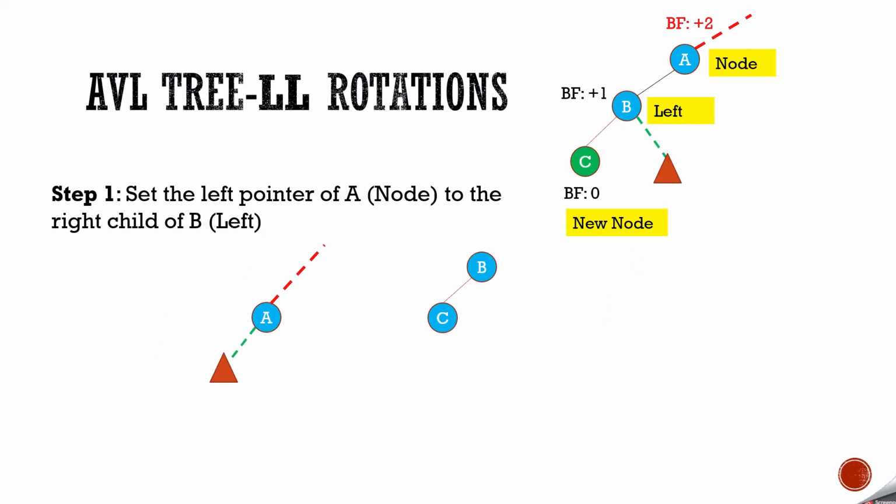Now there are a few steps that we have to follow to implement LL rotation. To do that, we need some variable names so that it is easier for us.